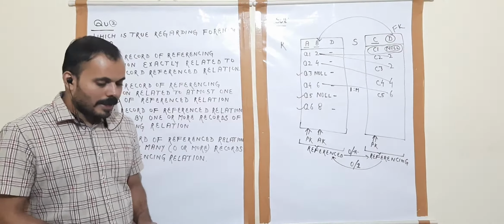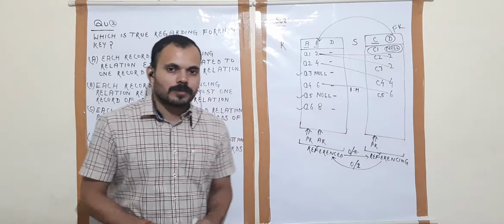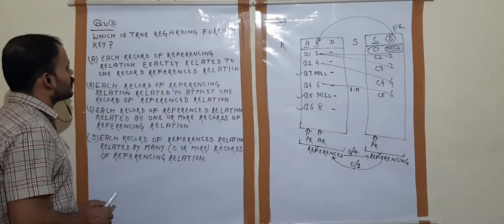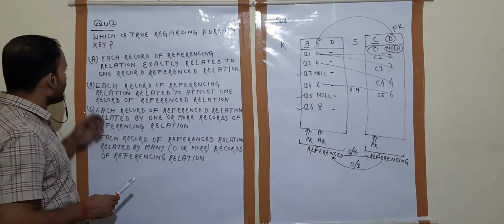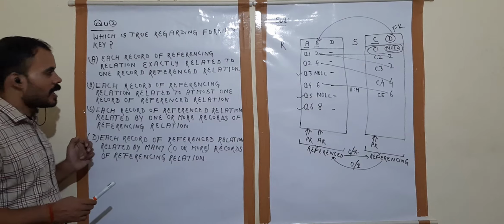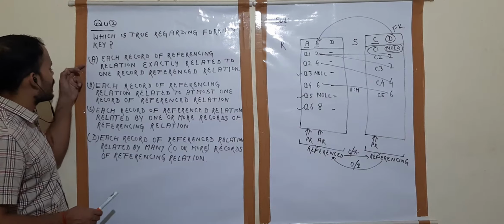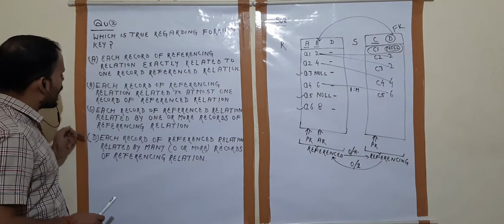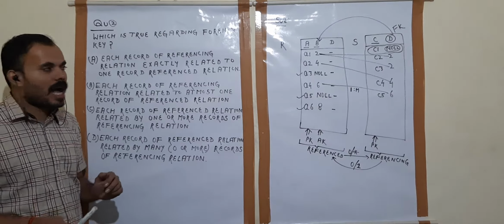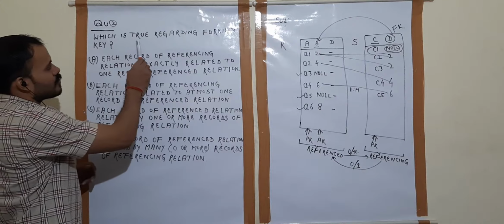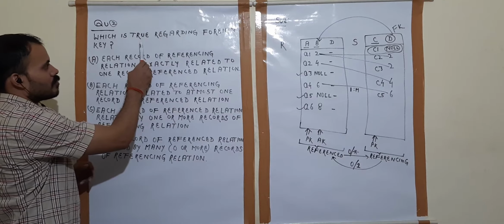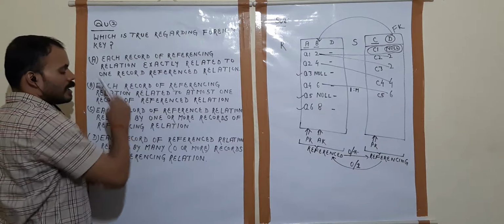Okay, let's see question number 2. In question number 2, four statements are given, A, B, C and D, and it is asking which is true regarding foreign key.